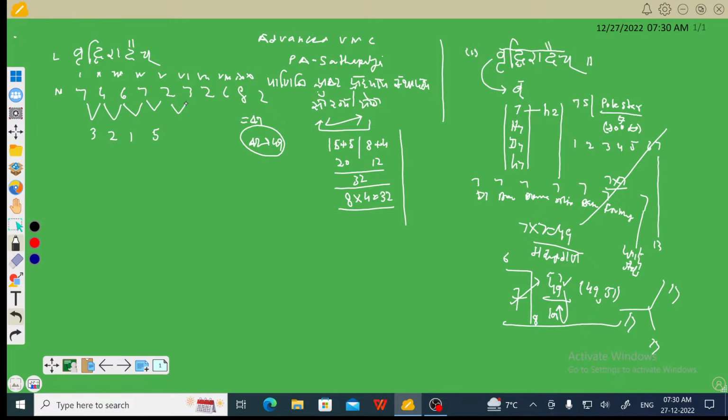Here the difference is 4. Here the difference is 2. And here the difference is 6. See the summation values: 3, 5, 6, 11, 12, 13, 17, 19, and 25.